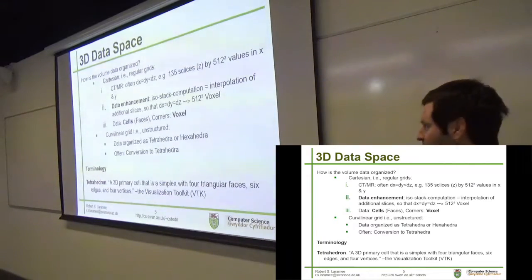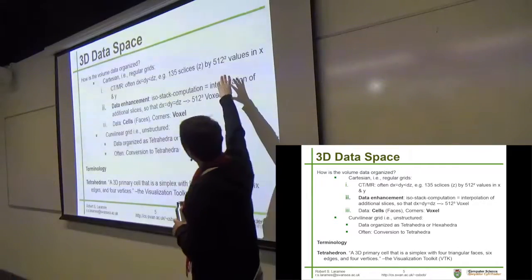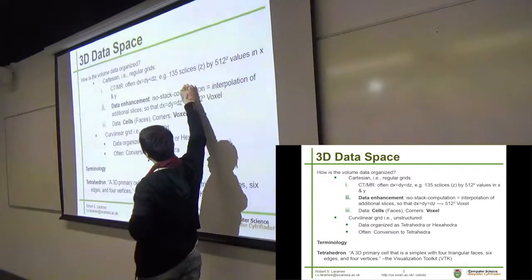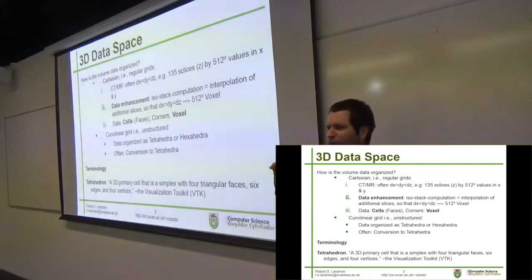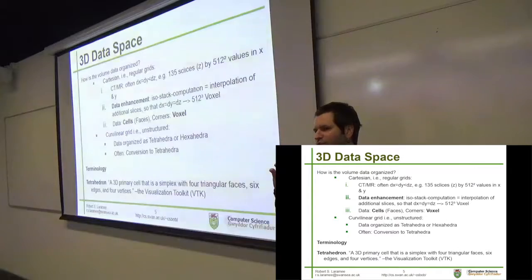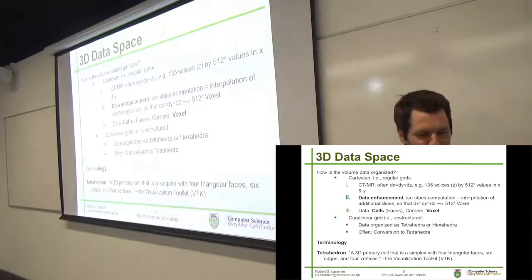There are other kinds of grid structures. This is called a structured grid. But there are other unstructured grids that are not composed of little squares and cubes. They're composed of other shapes like tetrahedra and hexahedra.